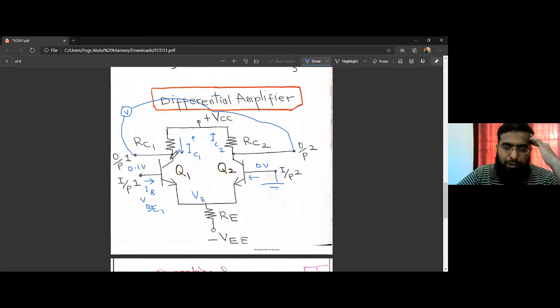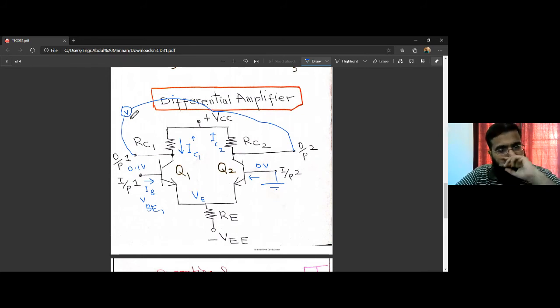This means the voltage here, Vout1, would be smaller than this voltage, because a large proportion of the voltage is dropped here. If this drop is larger, the voltage available here would be smaller. So we'll have a small voltage here, a large voltage here, and the difference would be non-zero.